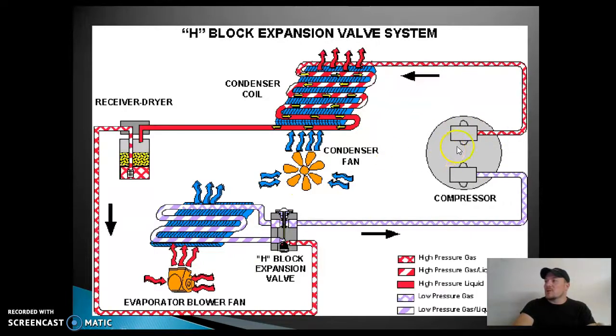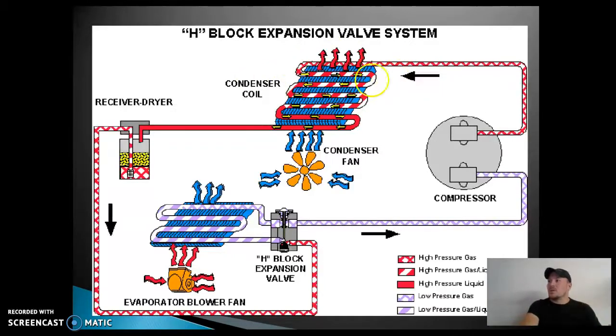So anyway, back to the compressor. The compressor takes a low pressure vapor or gas, turns it into a high pressure gas. That gas then goes through the condenser. Now the condenser, remember, is located in front of the radiator, so it's got ram air pushing through it. And that ram air, essentially, causes the heat to be pulled out of the freon.